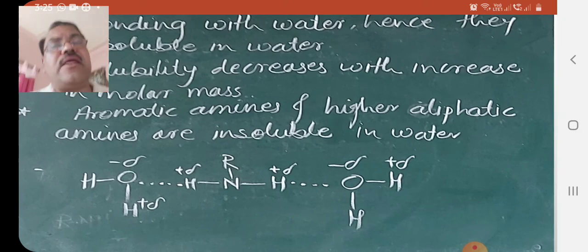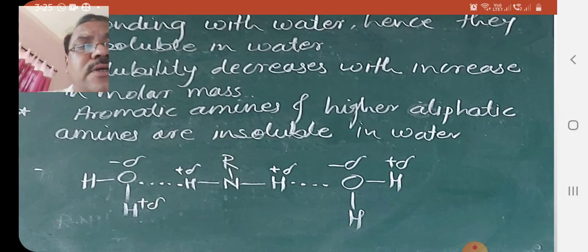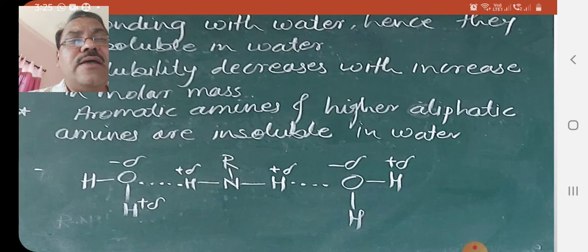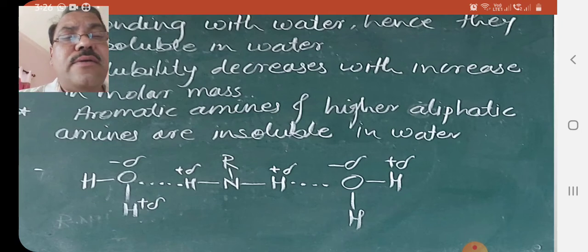Methylamine, ethylamine, propylamines are soluble in water, but higher molecular masses, that is butylamine, pentylamine or aromatic amine, are insoluble in water because when molar mass increases, the number of hydrogen atoms increases, the tendency to form hydrogen bonding decreases, and therefore they are insoluble in water. But lower members of amine, that is methylamine, ethylamine, are soluble in water.